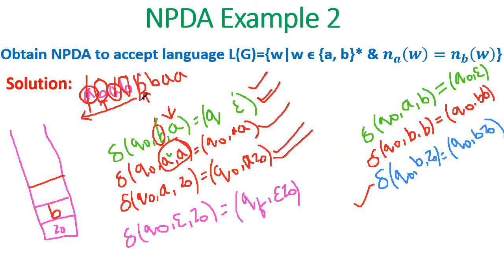What about the next B? B is on top of the stack and B is the new character also. So it uses the other transition, Q0 on B on B. You have to push it onto the stack. So this B will be pushed onto the stack using the second transition of this set.